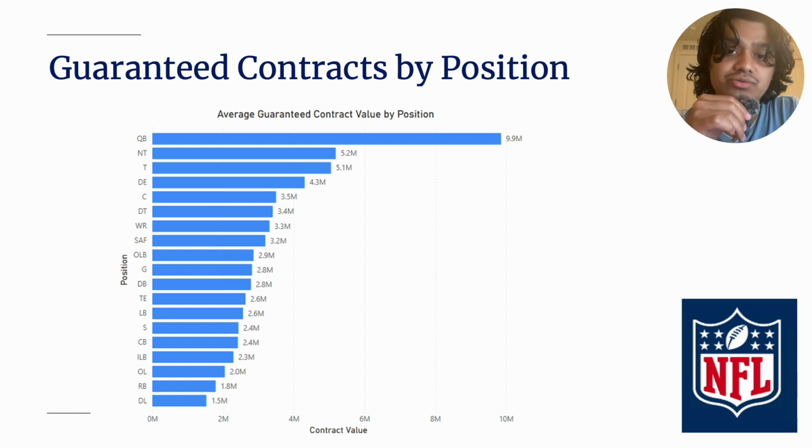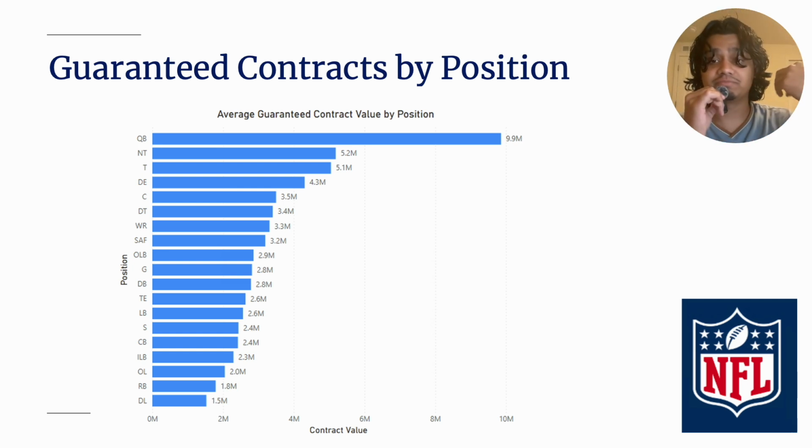Meanwhile, running backs, who take a lot of punishment and a lot of hits, are surprisingly low on the list. Their guaranteed money barely crosses $1.8 million on average, and overall across 19 positions, guaranteed contract value ranges from $1.5 million to $10 million, which shows a massive gap that really reflects how differently the league values different roles.